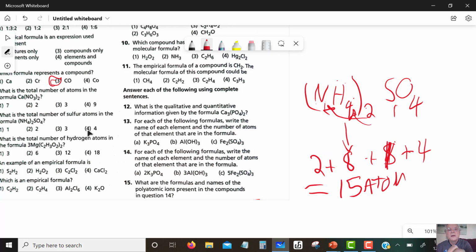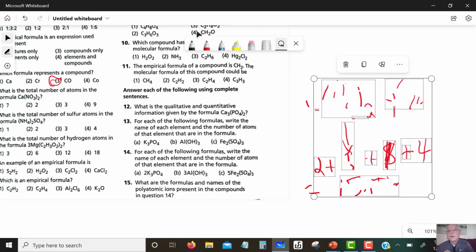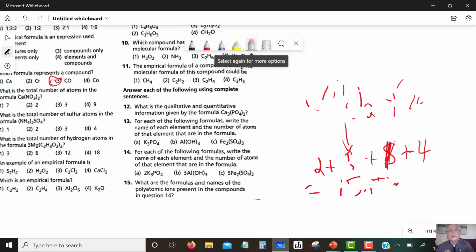I've got COVID head. I apologize. Let me erase this so that we can get ready for another problem. Wouldn't let me erase all of that in one shot.